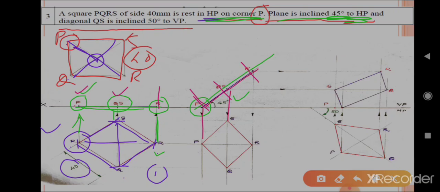Then take the vertical projection lines in the downward direction, and similarly horizontal projection lines. So the first point, P and R, lie on the same projection line. So the P point we can match here, and we get the P point here.